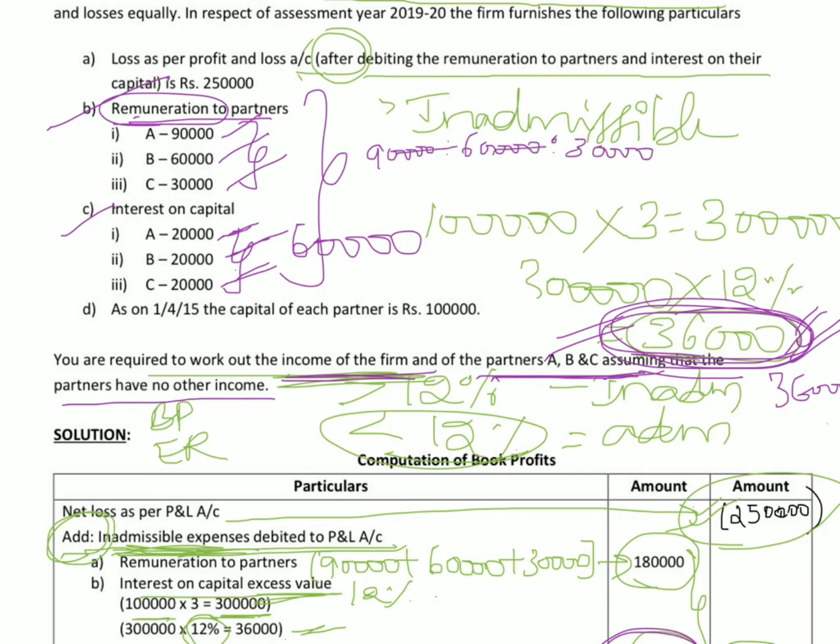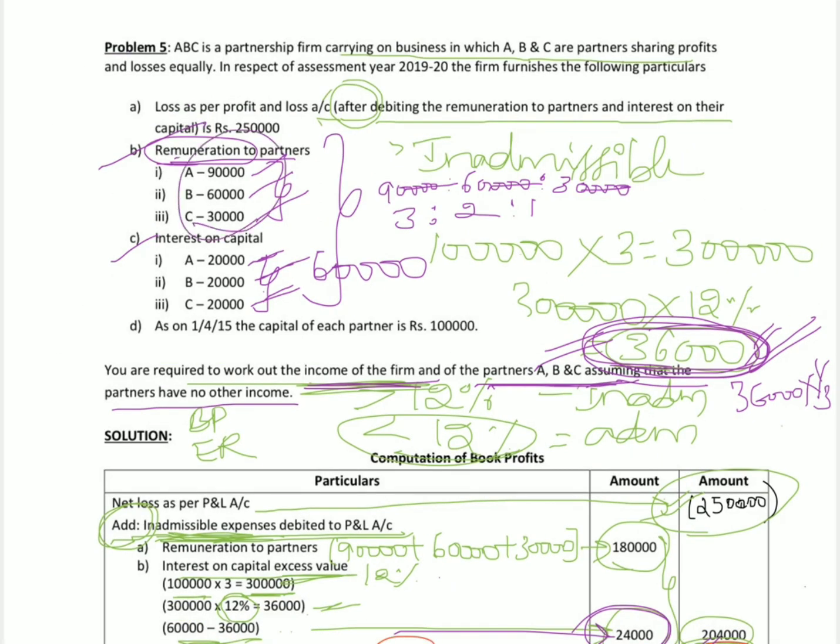So this is 3:2:1. Total remuneration is 90,000 plus 60,000 plus 30,000, that is 1,80,000, the total remuneration given to partners.